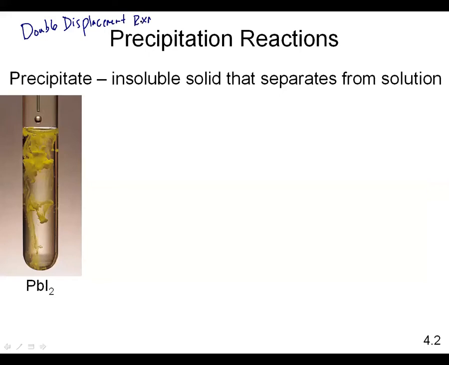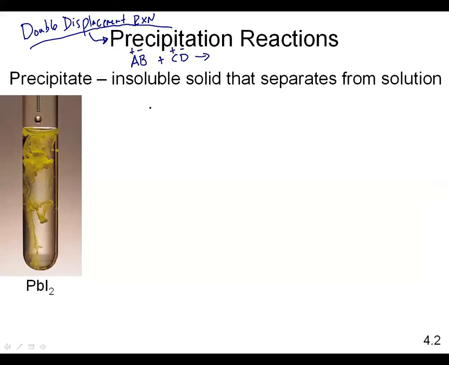Double displacement reactions is the big umbrella in which some other reactions are also there, and they're basically the same thing. One of those is a precipitation reaction, which we'll talk about in a second. But in a double displacement reaction, the way that you could recognize it is pretty simple. You will be starting with not one, but two ionic compounds.